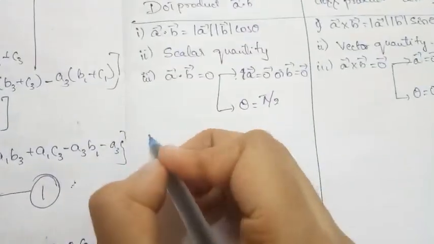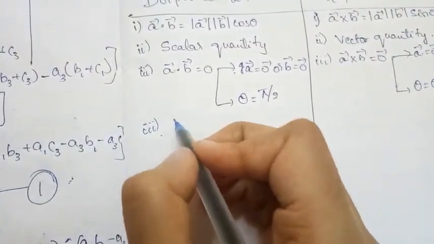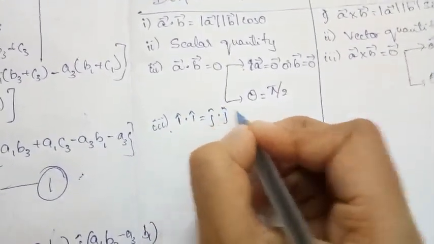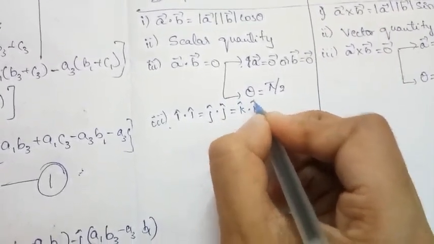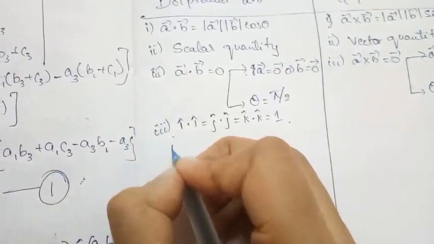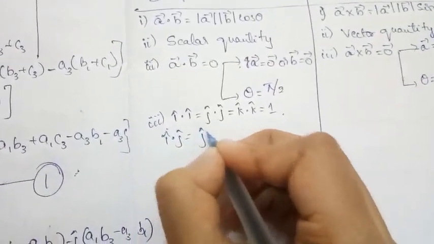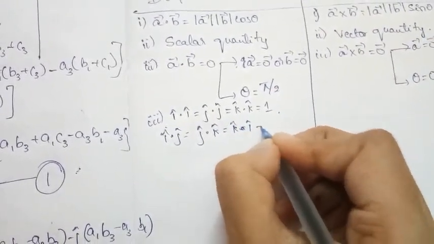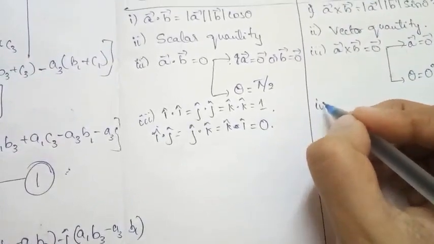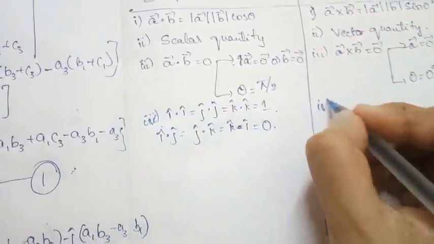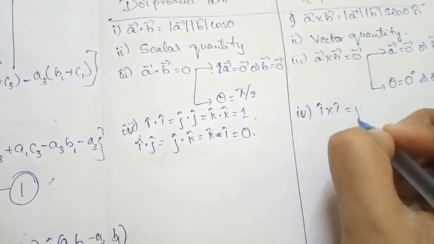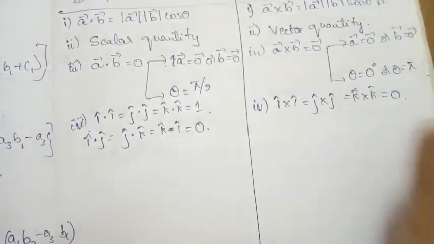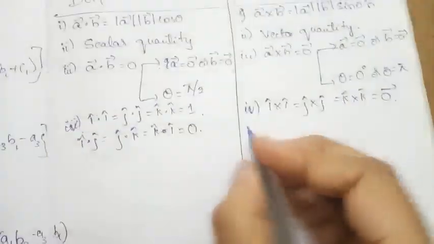And the next thing we came across: i cap dot i cap, j cap dot j cap and k cap dot k cap are equal to 1, and i cap dot j cap, j cap dot k cap and k cap dot i cap are equal to 0. But here, i cap cross i cap, j cap cross j cap and k cap cross k cap are equal to the zero vector.